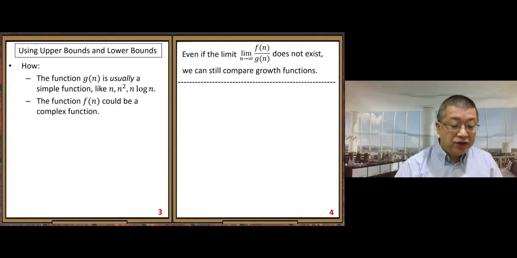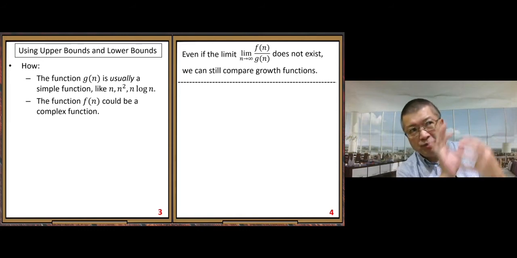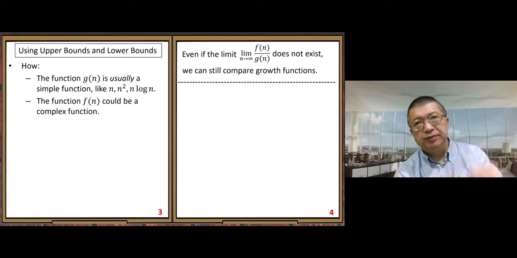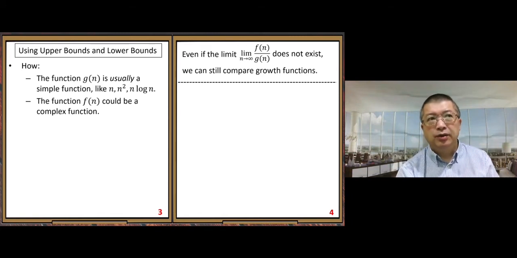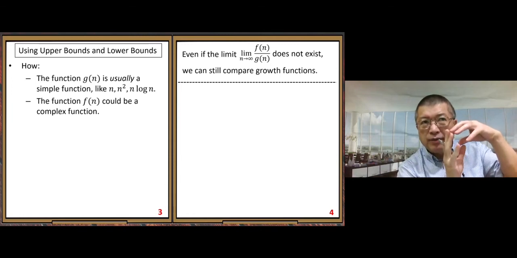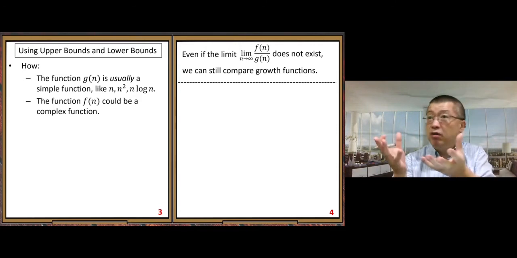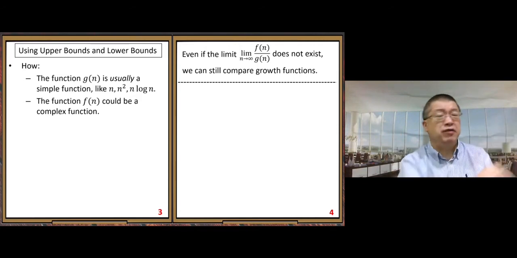Next, the function f of n could be a complex function. So usually the numerator function is relatively more complex. So then we use a simple function to try to compare with it. Then we can use a simple function to describe a complex function.